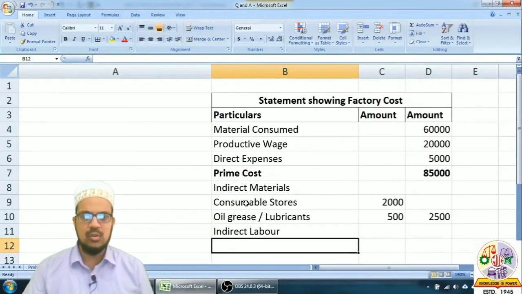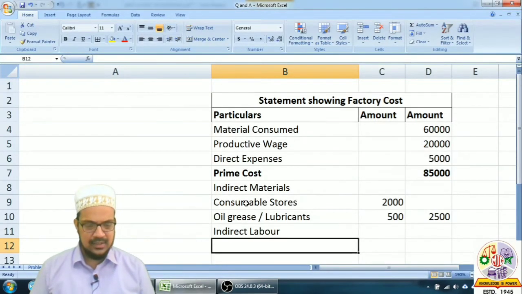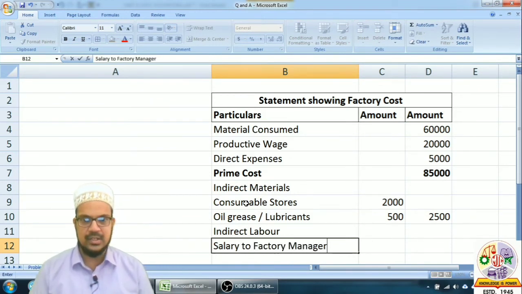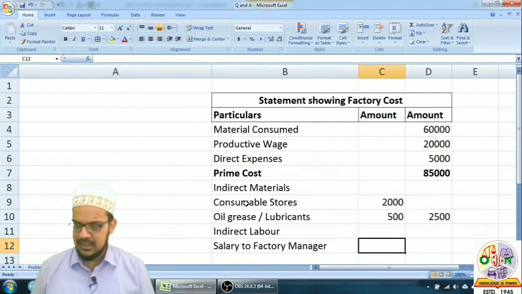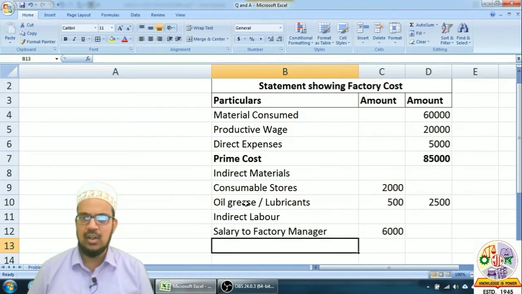So I'll add both of those things here, salary to factory manager. Now salary to factory manager, how much is it? 6000. In the inner column I will write it.